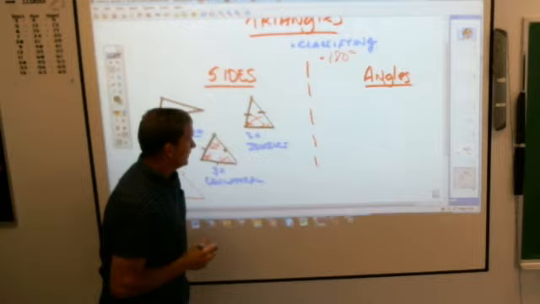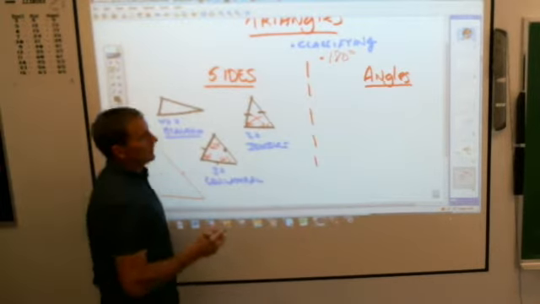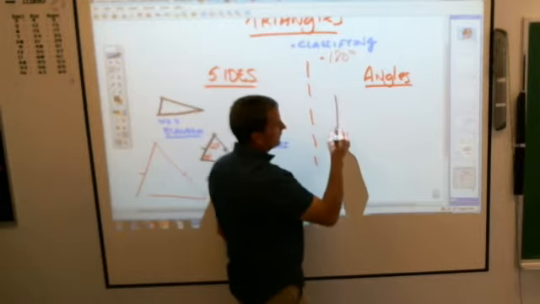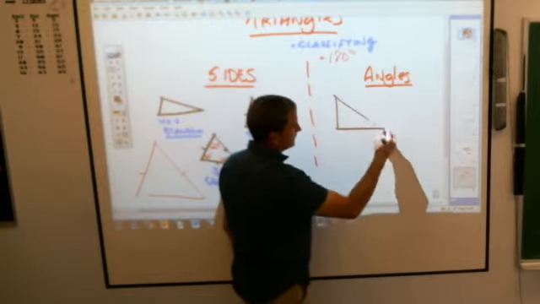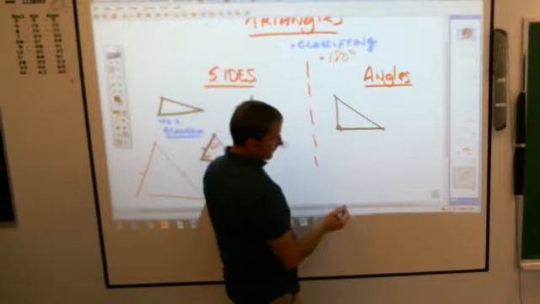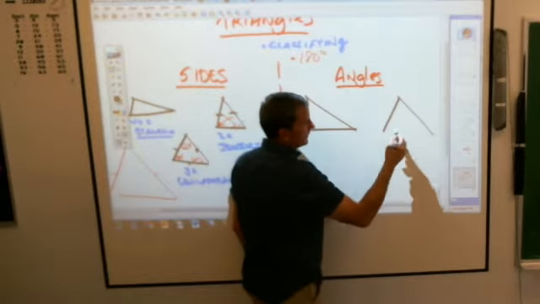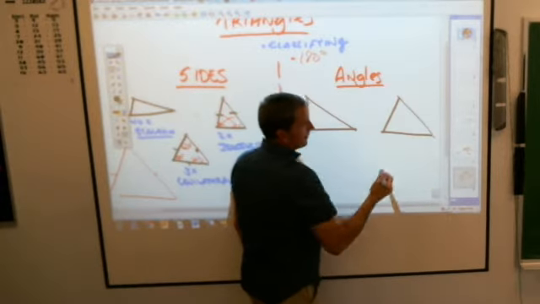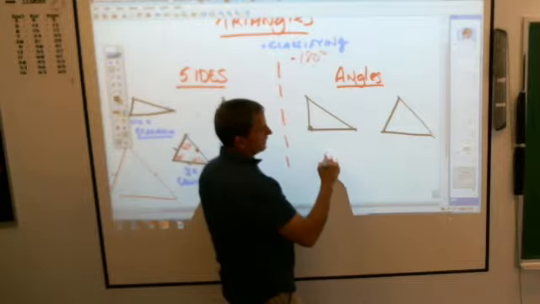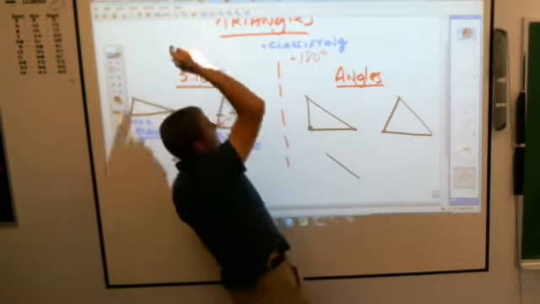Three different types of triangles by angles would be: you can have a triangle that has a right angle in it. You can have a triangle that has all acute angles. And you can have a triangle that has one obtuse angle in it. That is not my best effort.